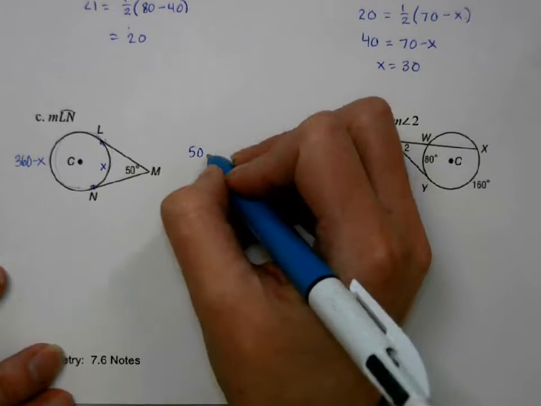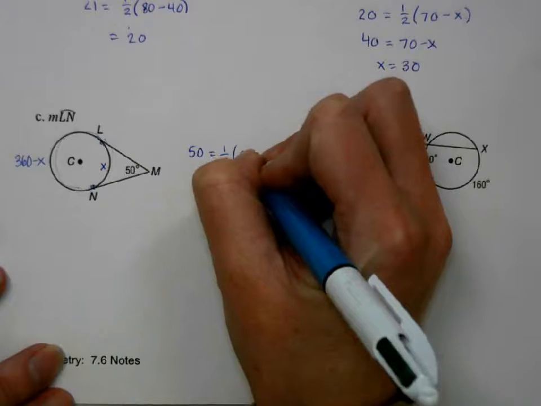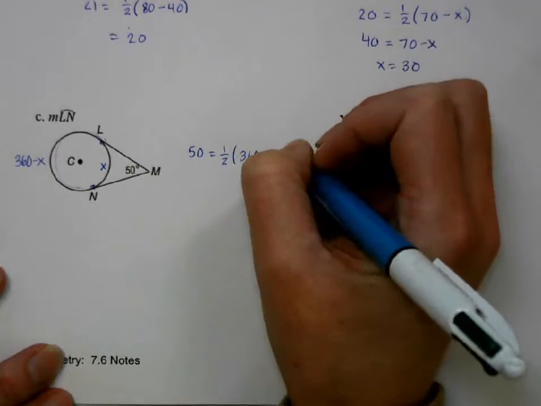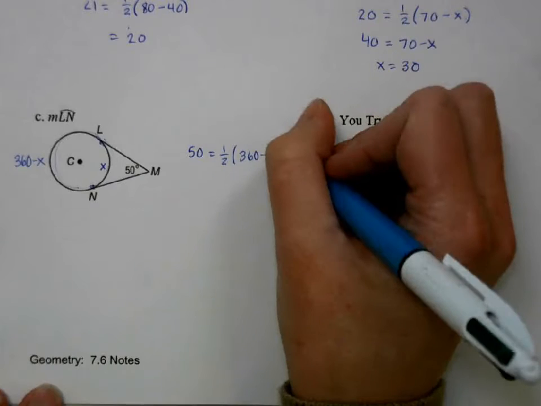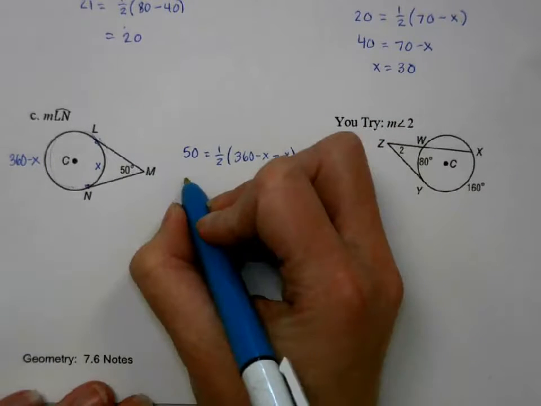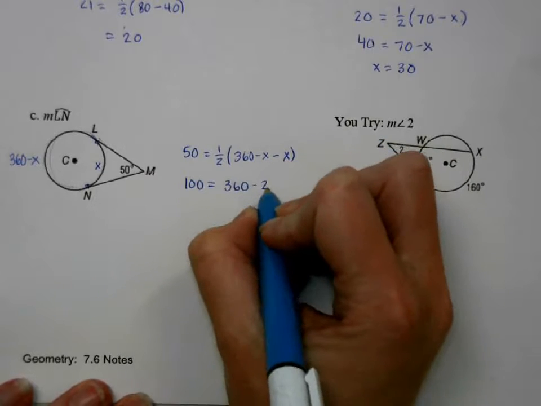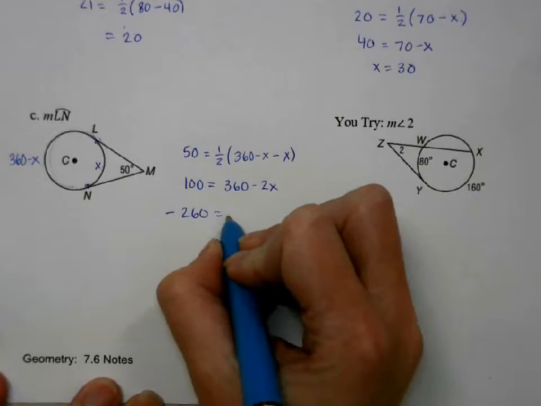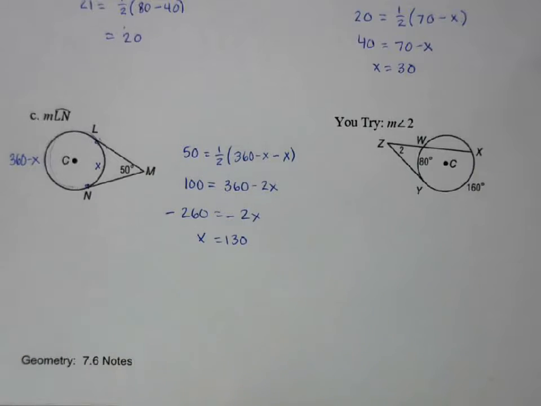So my equation, 50 equals 1/2 of the outside arc, 360 minus X, minus the inside arc, X. So I can double it to get 100 and then combine like terms. So negative 260 equals negative 2x. So x is 130. Okay, so you can do the last one.